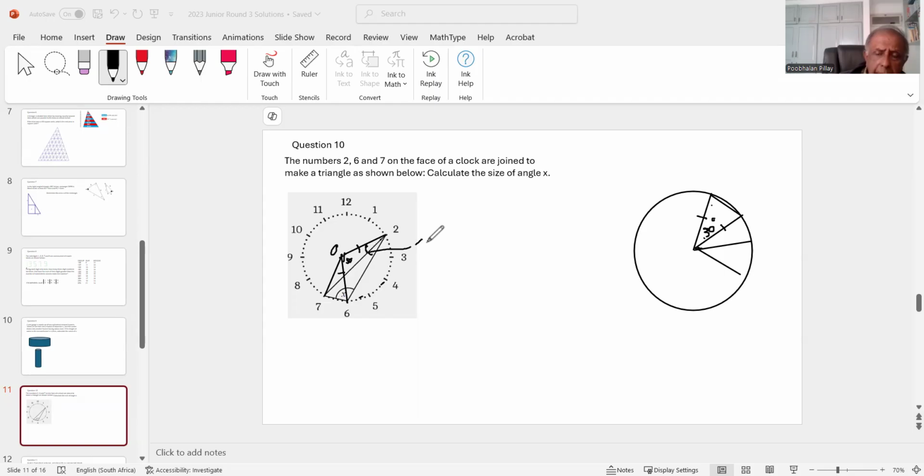So this angle here is, to get that one, it's 180 minus 120 divided by 2, because you've got an isosceles triangle here. So this angle here, yeah, I'm really interested in that angle. That angle is 180 minus 120 divided by 2, because it's part of this triangle, which is isosceles, and we can calculate this angle here.